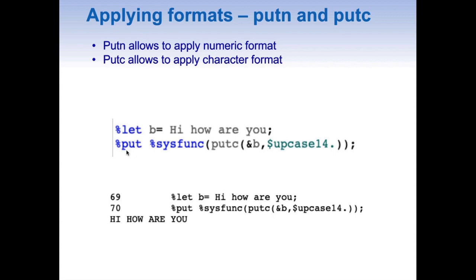We can do a %put, and here what I'm doing is I'm using %sysfunc putc, and then I'm applying this on macro variable b, and in here the format I'm using is upcase 14 dot, and here you can see that once we run this piece of code, we have the value hi, how are you, and the value is upcased. So we have applied the formats to display the data we want it to be.